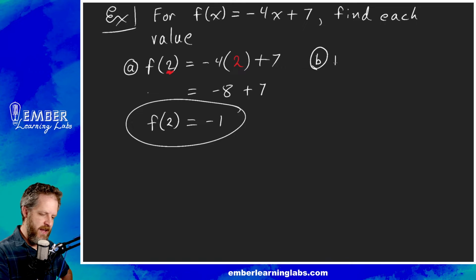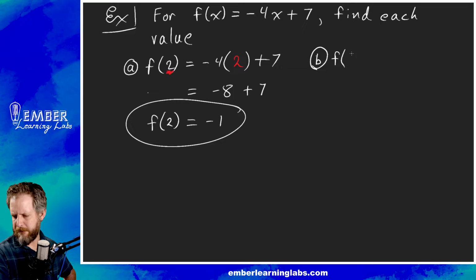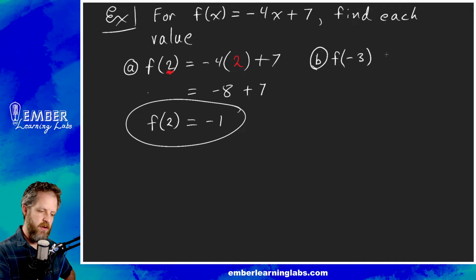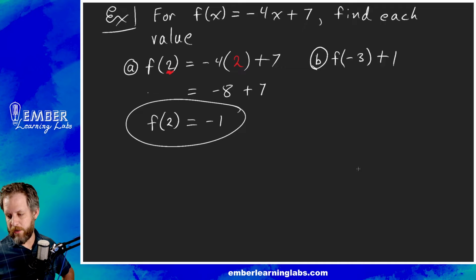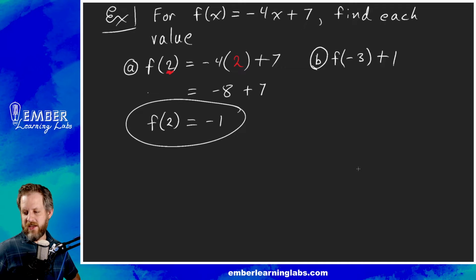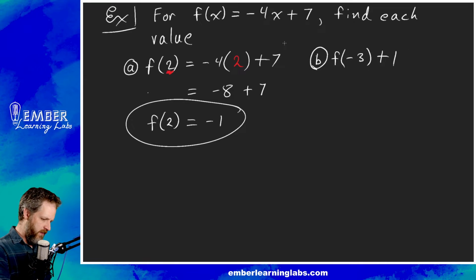It's not too long anyway. So we're going to find f of -3, plus 1. Okay, so this is a little bit trickier, right? We're going to do this, and then we're going to do that.